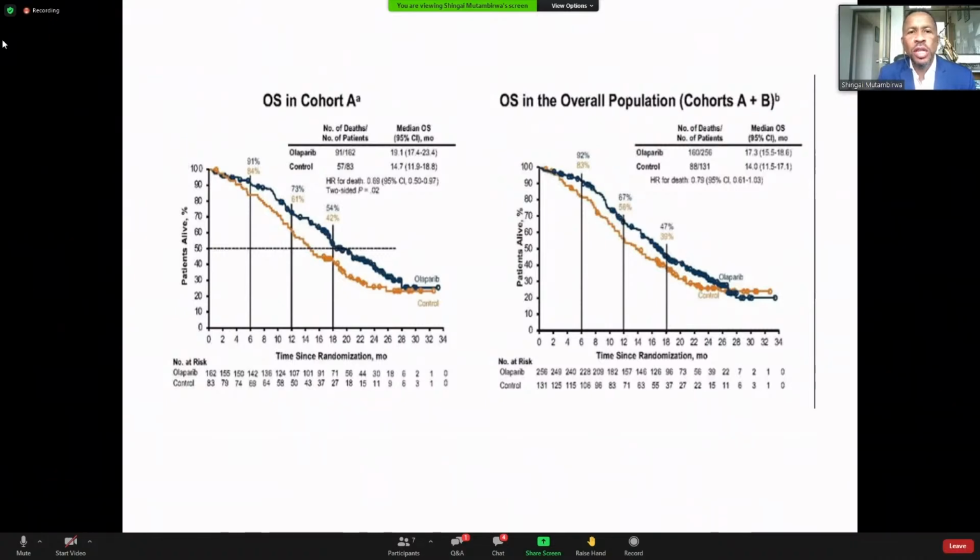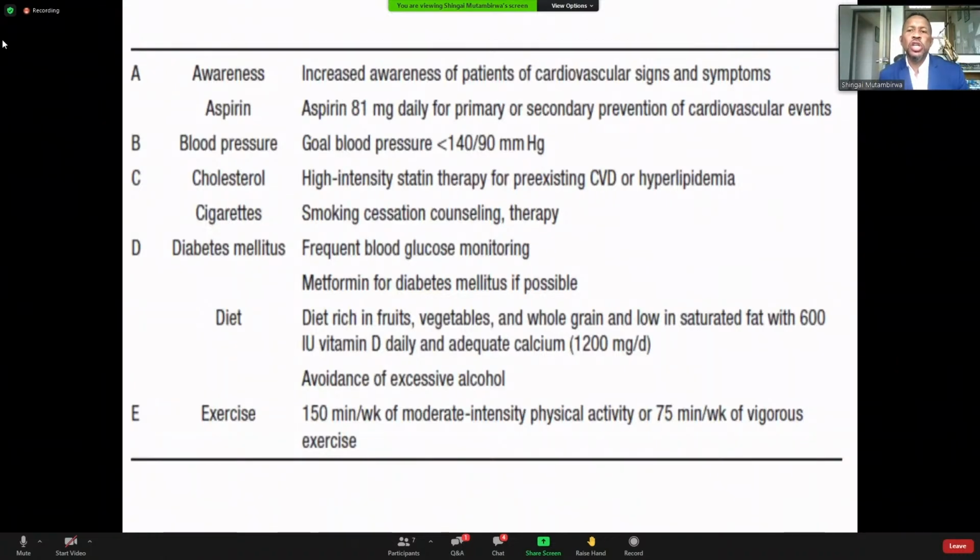So I think going forward, we need to assess the genetics of our patients. But in the back of our mind, I know we're saying, oh, these are expensive, and we can't even afford olaparib or any of these drugs. But there are still some small things we can advise our patients to keep them healthy. The ABCDEs: awareness, aspirin, blood pressure checks, cholesterol, smoking cessation, diabetes, making sure they're on good treatment, dietary changes, and exercise can make a huge difference.